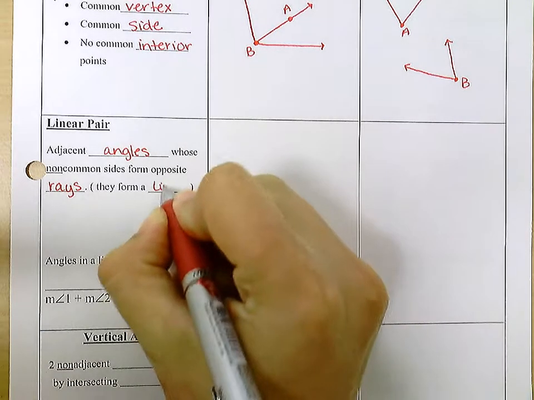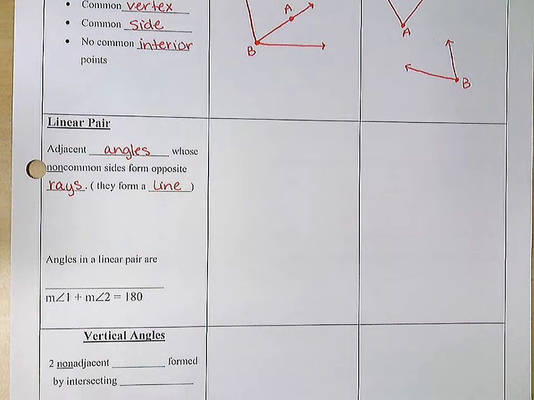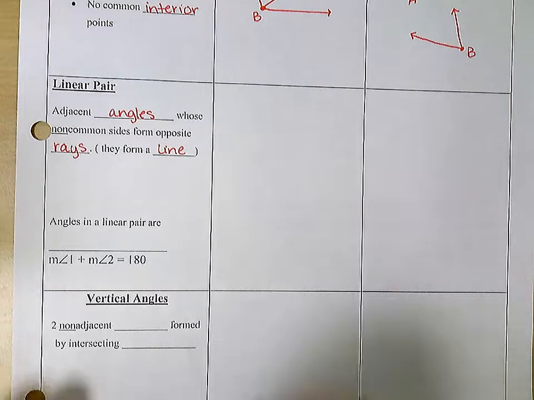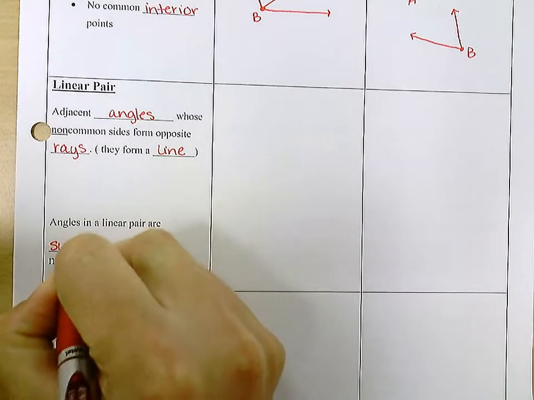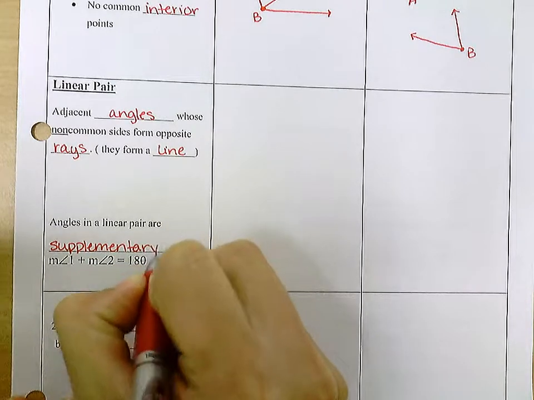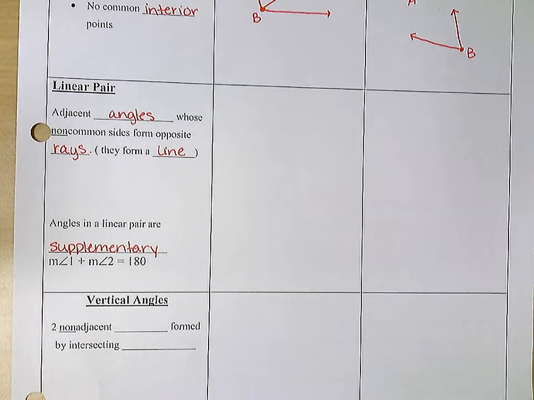Okay, so these should form a line. So our adjacent angles should form a line. Now, angles in a linear pair are supplementary, meaning they add to 180 because a line is 180 degrees.